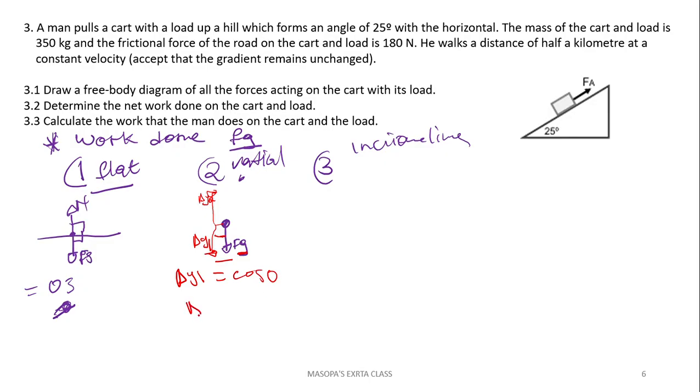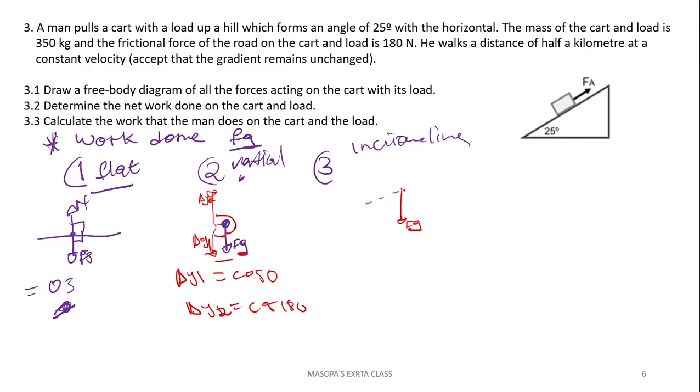If that thing is going up or they pull it upwards, the angle between Fg and that delta y will be cos 180. Okay. Then on an incline, we know Fg is always downward.